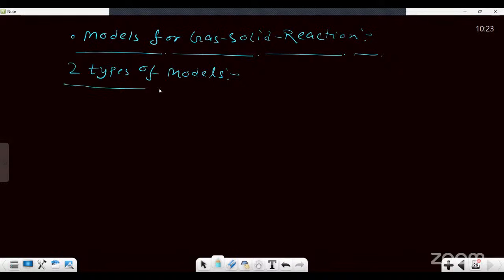So what are these two types of models? One is called the progressive reaction model, and another we will call the shrinking core model.